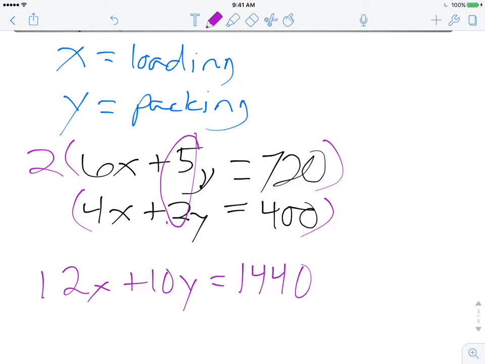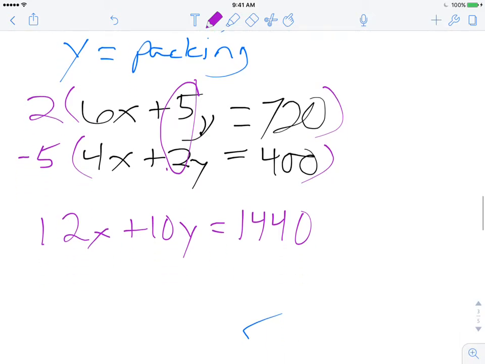1440. And then if I multiply this equation by negative 5, I'm going to get negative 20x minus 10y equals negative 2000.